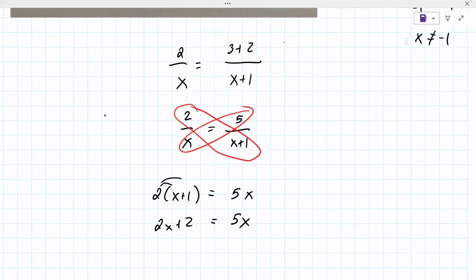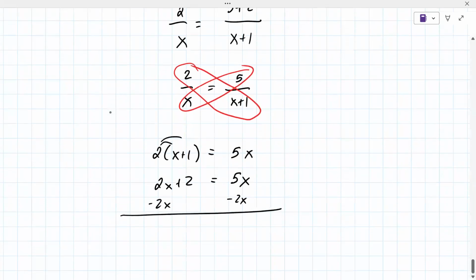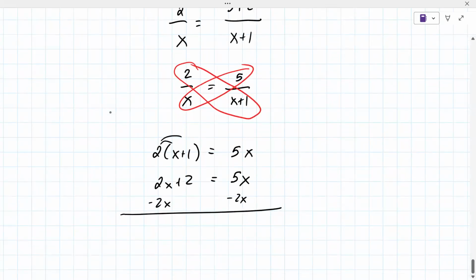And then can we combine 2x and 5x? We're going to subtract 2x from both sides. I want you to solve it from here. Give me the final answer for x, please.